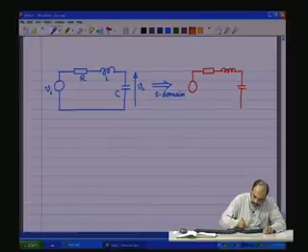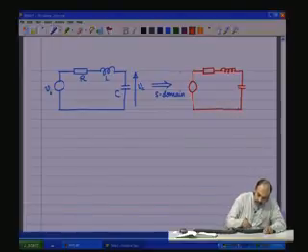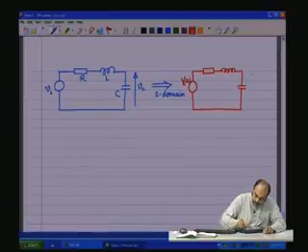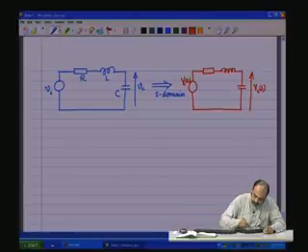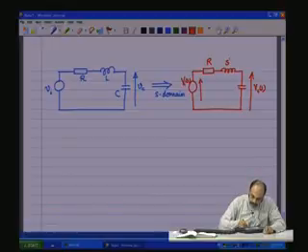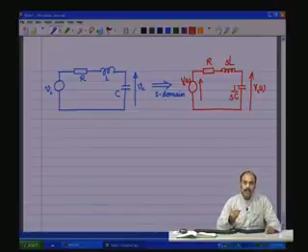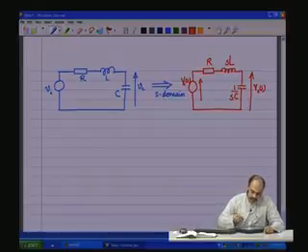The input Vi becomes Vi of S, the output is Vc of S. R remains as R, the inductive reactance in the Laplace domain is S L, the capacitive reactance in the Laplace domain is 1 by S C, and you have your circuit in the Laplace domain.